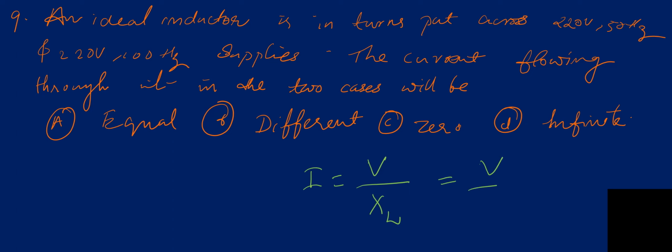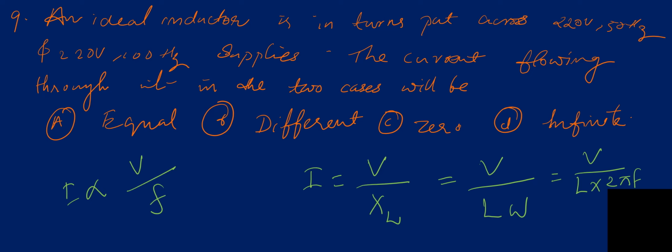That is V divided by XL, where XL is L omega, or we can write V divided by L into omega, where omega is 2 pi f. That is, current is directly proportional to voltage and inversely proportional to frequency. Here voltages are same, but frequencies are different. So since the frequencies are different, current will be different. So option B is the correct one.